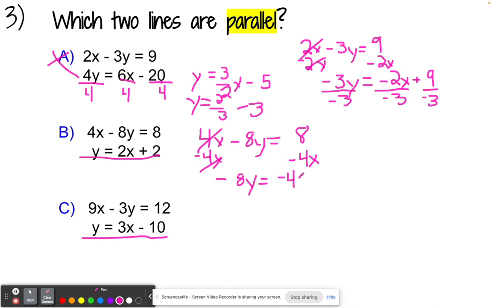Again, I can already see these are not going to be parallel because when I divide everything by negative 8, I end up with negative 4 over negative 8, which is positive 1/2.